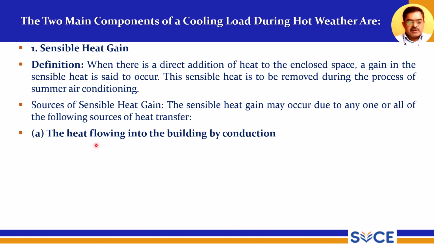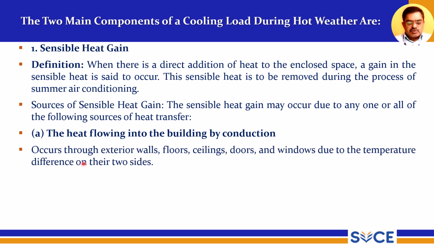One is the heat flowing into the building by conduction. It occurs through exterior walls, floors, ceilings, doors and windows due to the temperature difference on their two sides. Outside it is higher and inside it is lower, and heat transfer always takes place from the higher temperature to the lower temperature.